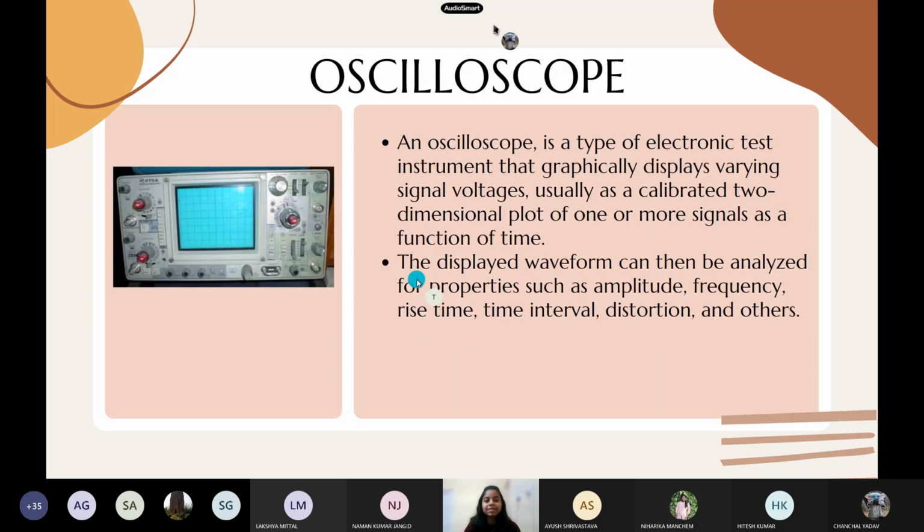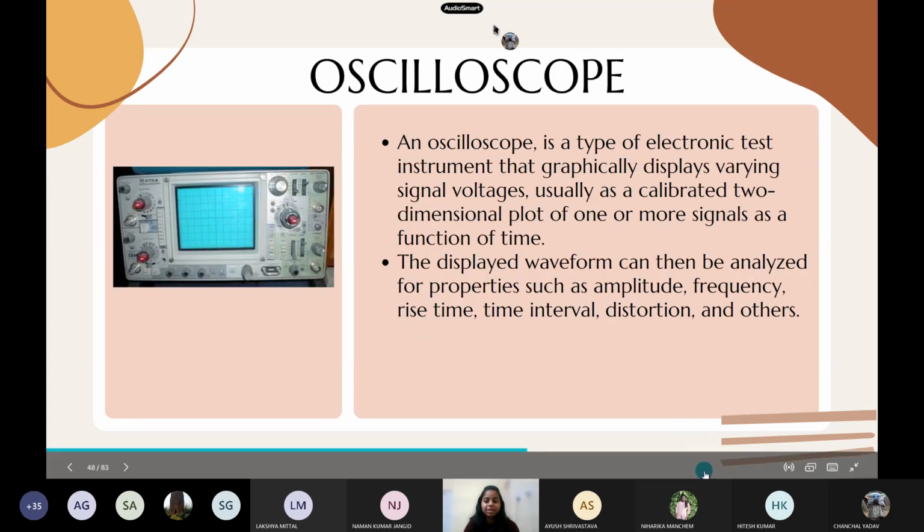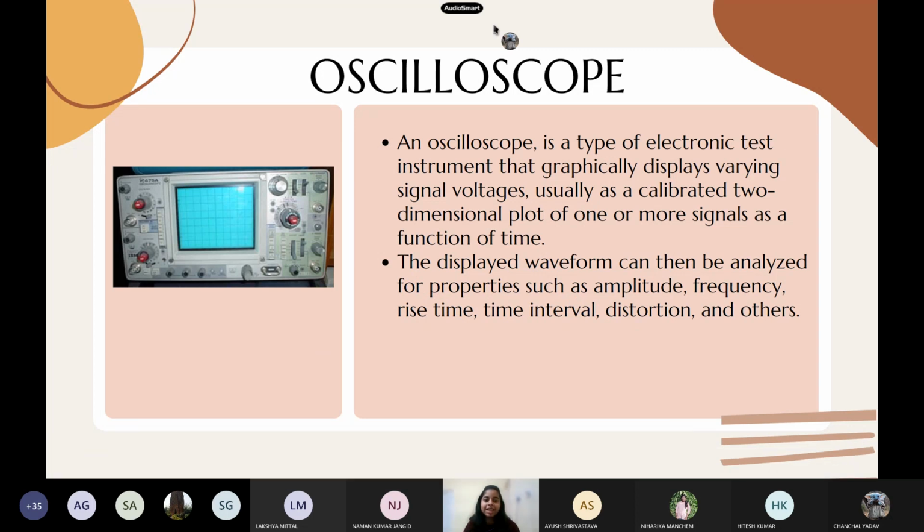Then let's go to the next, which is the oscilloscope, a very popular term in electronics, and not only in engineering, it is also used in research and medical fields. Now let's learn about the oscilloscope, which is also informally known as a scope, O-scope, or a CRO and DSO. As you know, it's difficult to measure one-to-one readings in the experiment, so we need graphical measurement, right? An oscilloscope graphically displays varying signals, voltages, usually as a calibrated two-dimensional plot of one or more signals as a function of time.